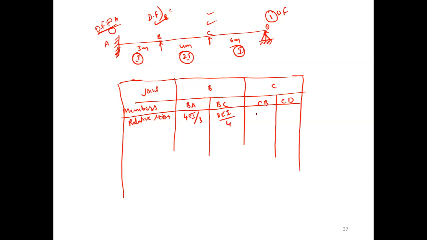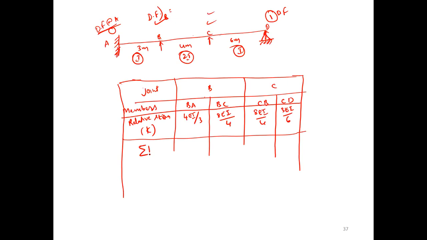For CB, 4EI by L, 8EI by 4. For CD, 3EI by L, 3EI by 6. Relative stiffness is done, and it is called K. Now you require sigma K. For sigma K, you have to do the summation.